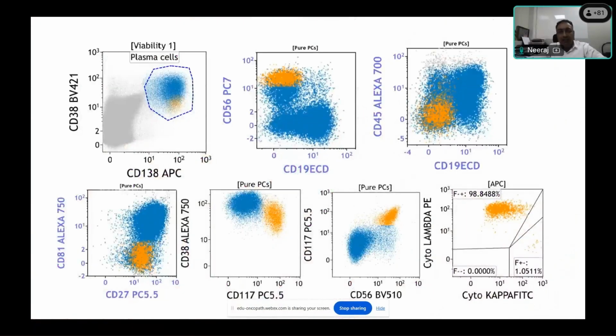Flow cytometry was done, and on CD38, CD138 gating you could make out that these were abnormal. These were clonal, expressing CD56, CD117, and they were lambda restricted. So we have renal failure and an increase in abnormal plasma cells.